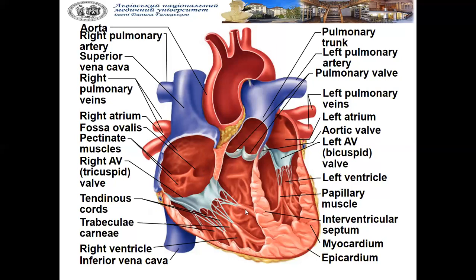Okay, the blood from the right ventricle goes through the valve of the pulmonary trunk, which has three cusps too: left, right, and front, into the pulmonary trunk. The pulmonary trunk, truncus pulmonaris, is an artery but includes venous blood.